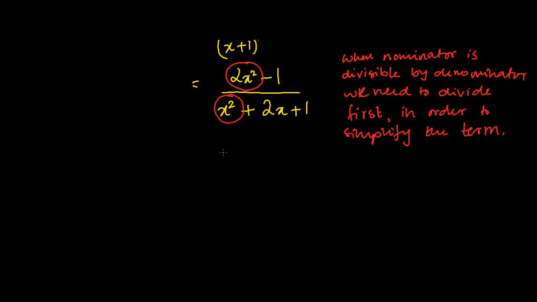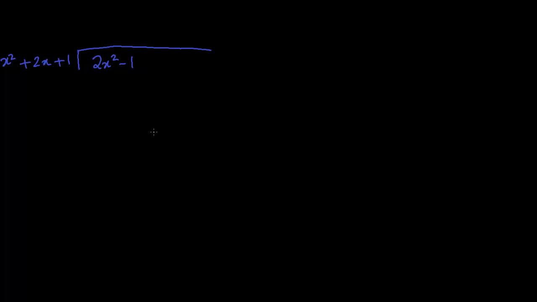Okay, so now we have 2x squared minus 1 divided by x squared plus 2x plus 1. We're simply going to start off with 2, because if we multiply this term by 2, let's see what happens.